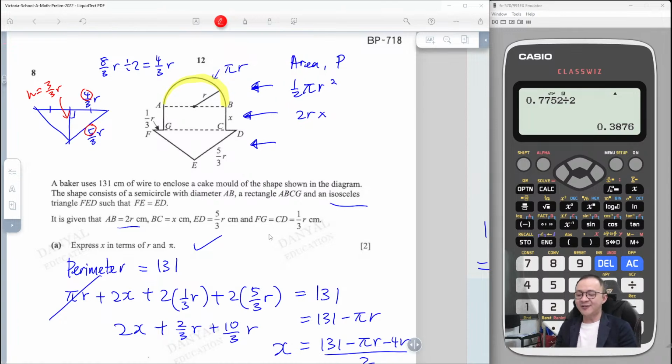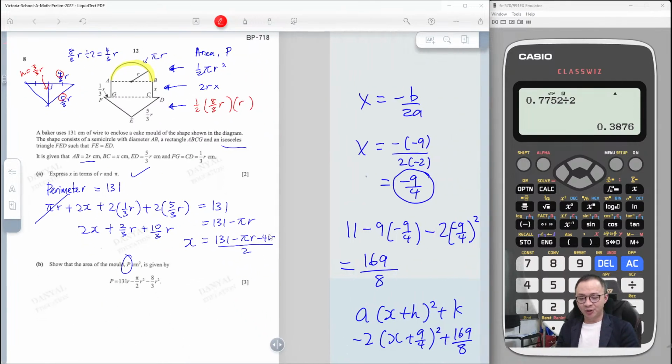So it's half times base times height. The base is 8 over 3r. The height will be 3 over 3, which is 1r. Okay, now we have everything for P.